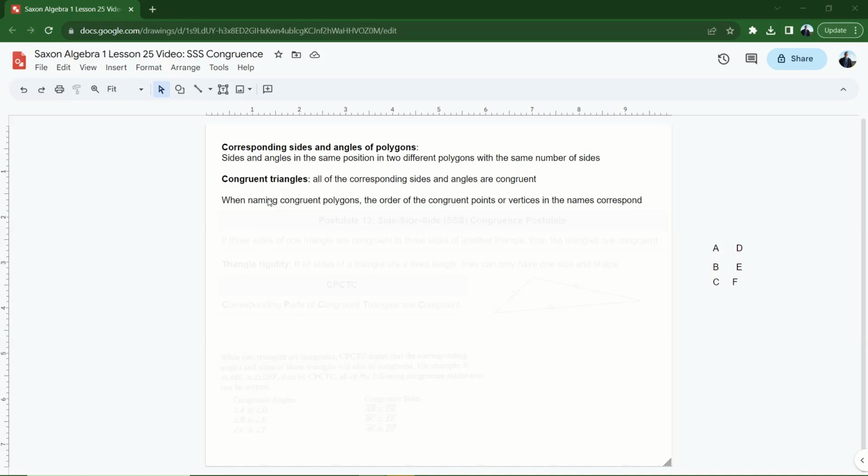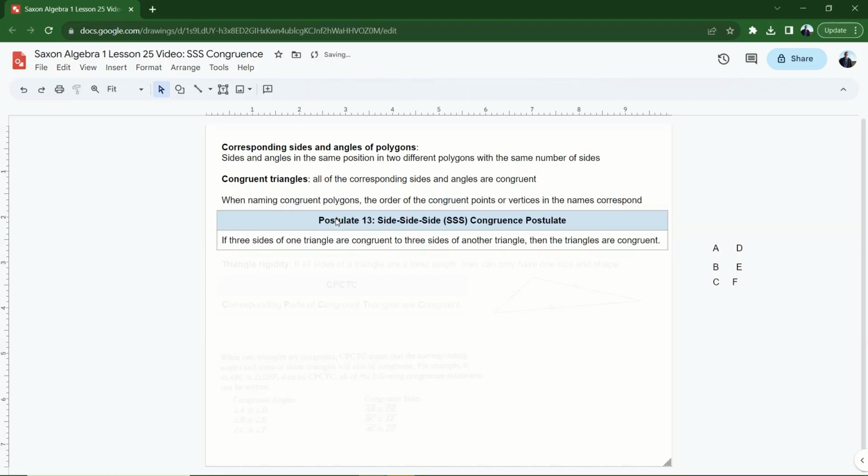So if I say triangle ABC is congruent to triangle DEF, that means that angle A and angle D are congruent because those are the first ones I mentioned. B and E are congruent because those are both the second ones I mentioned in each triangle. We're going to be looking at an example of that in just a little bit.